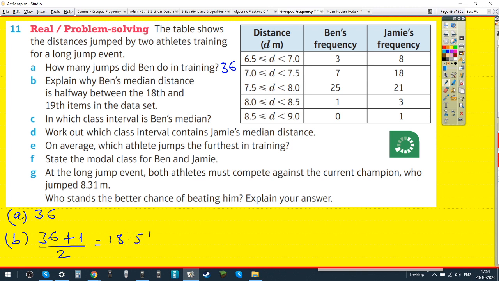Ah, yeah. Okay. That's it. Question C. In which class interval is Ben's median? Is it between 7.5 and 8.0? Mm-hmm.